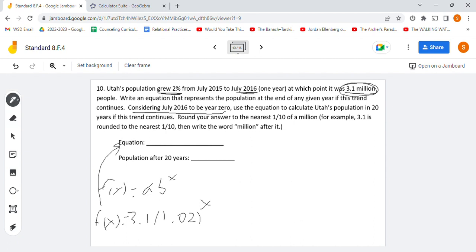So this again is annually, and that 20 years is going to end up going there. So we have in our calculator 3.1 times 1.02 to the power of 20. Plugging that in, we get 4.6, and that decimal keeps going, but I'm going to stop there because you were instructed to round to the 1/10 of a million, and that would be the place. So we'd end up with 4.6 million people.